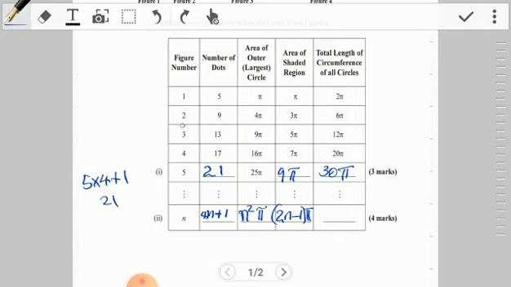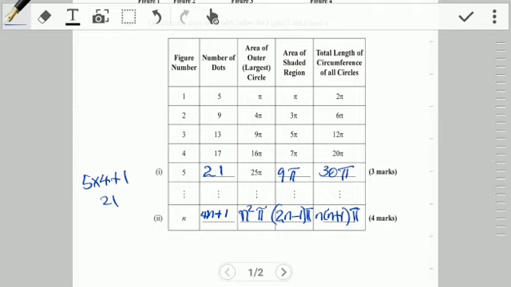If I have n and I multiply it by one more: 1 times 2 gives 2, 2 times 3 gives 6, 3 times 4 gives 12, 4 times 5 gives 20, 5 times 6 gives 30. So if I have n, it's n times (n plus 1), with the pi attached. So there it is.